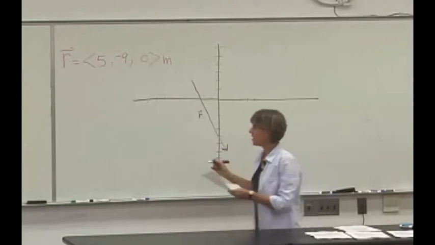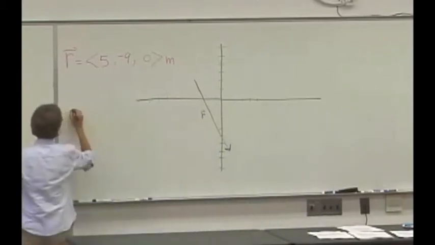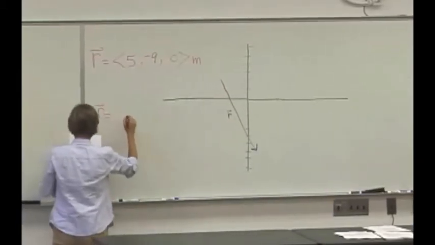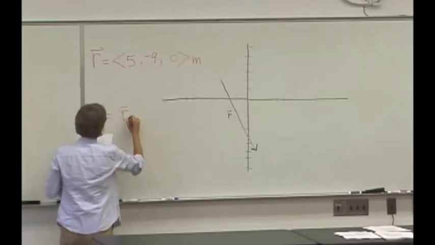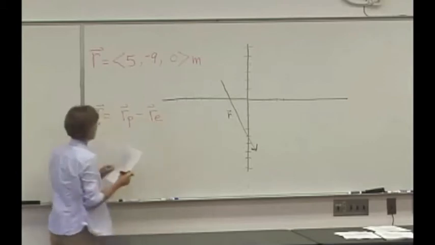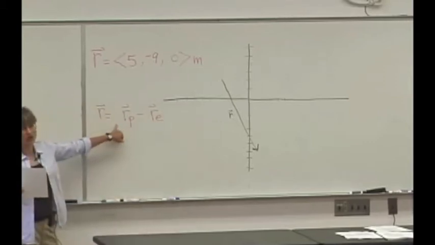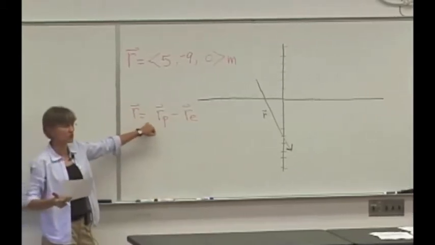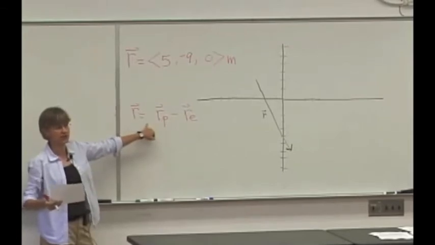Now this vector r is equal to the relative position vector r proton minus r electron. Okay, so there's a proton at one end and the electron at the other end.